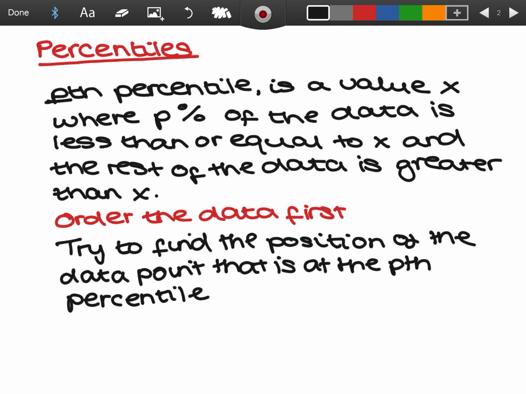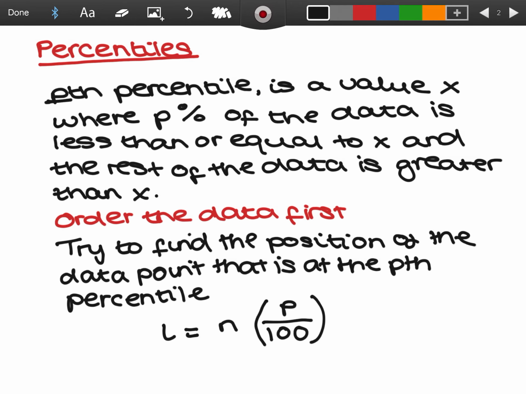So in order to find that particular location, we actually call it L, okay, for location. What you're going to do is first you're going to use a particular formula to find it, and then we've got to do some rounding, okay? So to find the location of that point, what you're going to do is this formula.